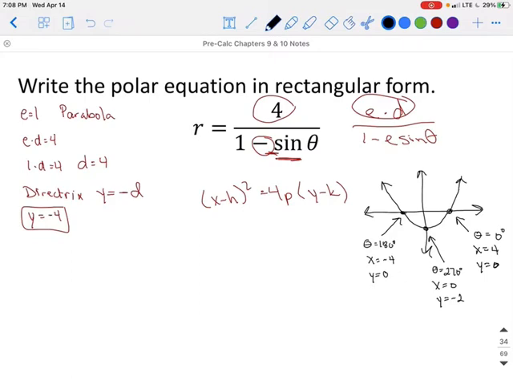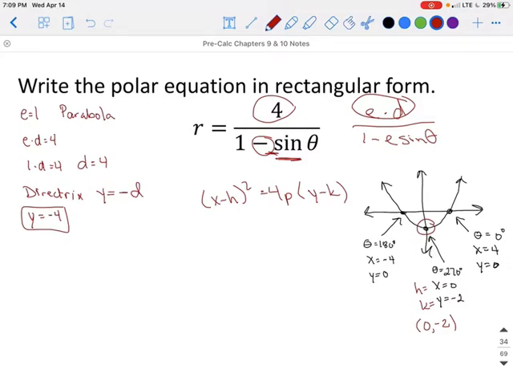Based on this, we do know that this is our vertex, our H and our K. So our vertex will be at 0 and -2.